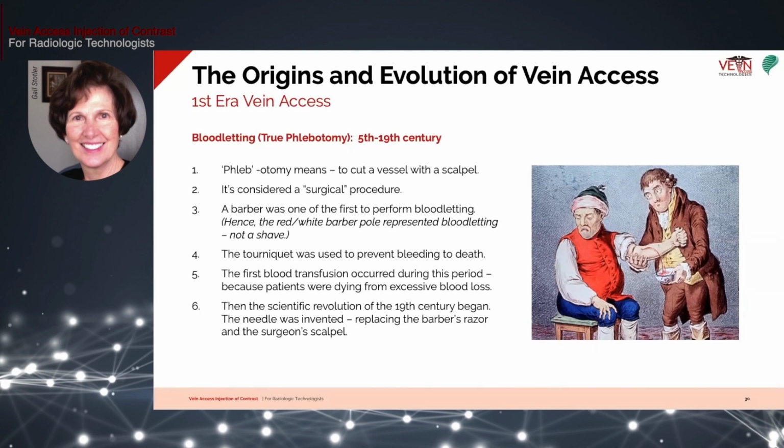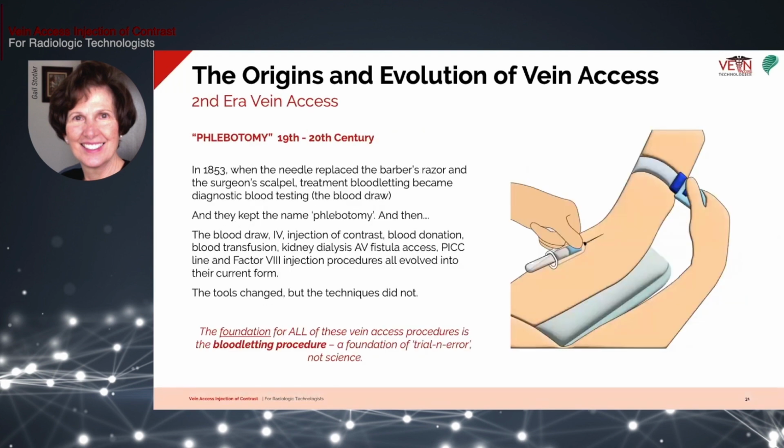Now, in 1853, Woods and Provaz invented the hypodermic needle, the basic needle that we use today. Needles were invented before then, but this is the one that's come to be used now. But the point is, in 1853, when the needle was invented, they finally put the razor and the scalpel away.